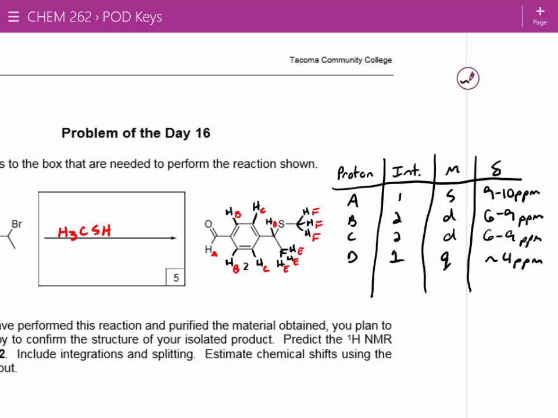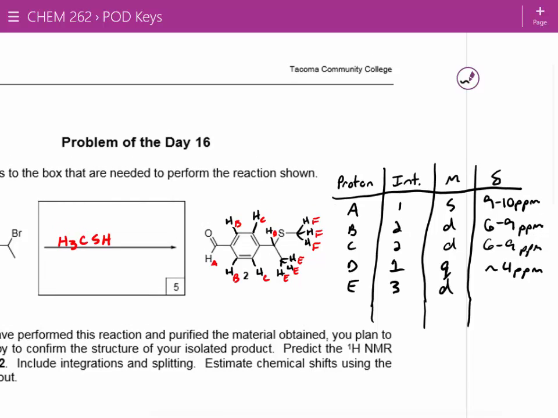All right, let's do proton E. How many protons are in that set? 3, right? Pretty simple. How many 3-bond neighbors are there? There's 1 3-bond neighbor, proton D. What will proton E get split as, or the set? A doublet, right?